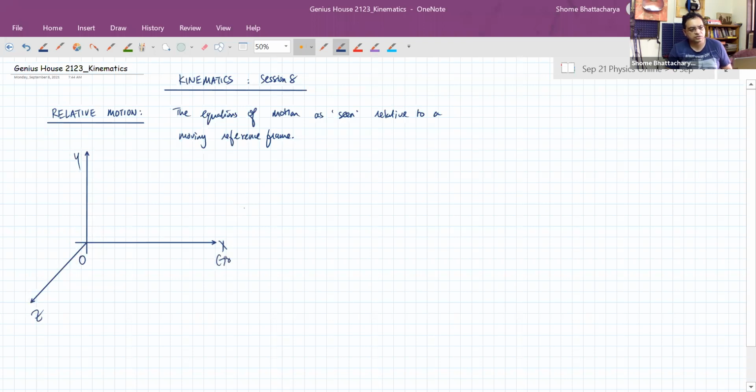Now within this frame, I have referenced two points or two particles, let's say A and B. So one of the particles is located at the position RB, and one of the particles is located at this position RA.